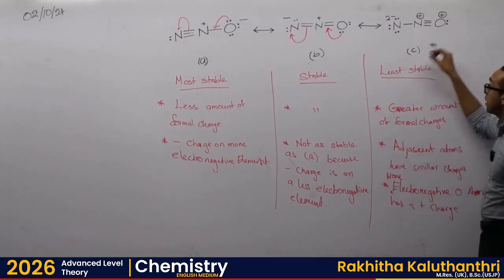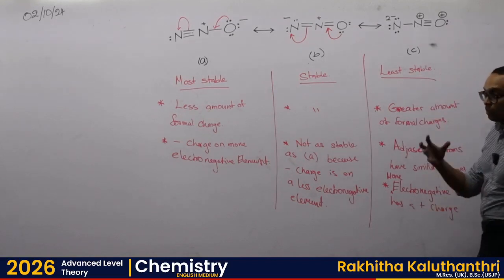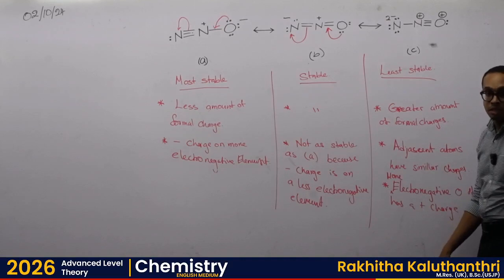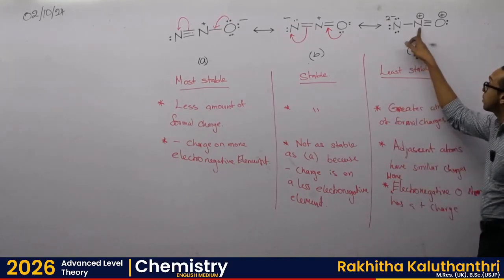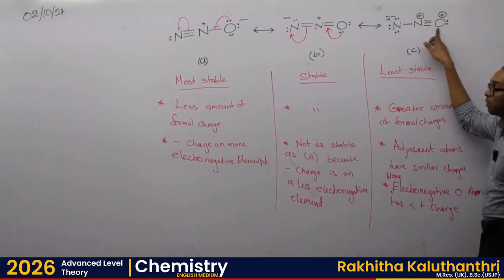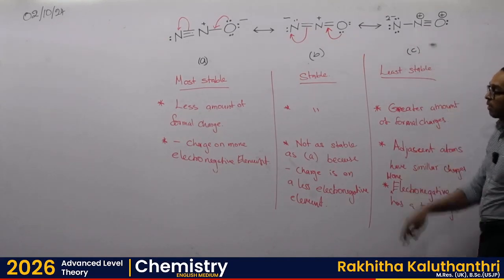Having a more electronegative element obtaining a positive charge in a resonance structure is a good indication that it is not a stable structure. It's always a comparison though. Compared to this, this is more electronegative. So that means this can't be positive, right? If there is a negative charge, it should be present on oxygen.